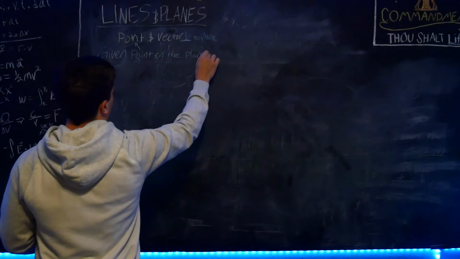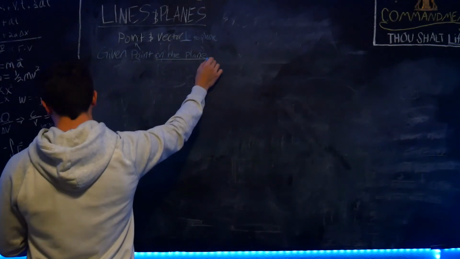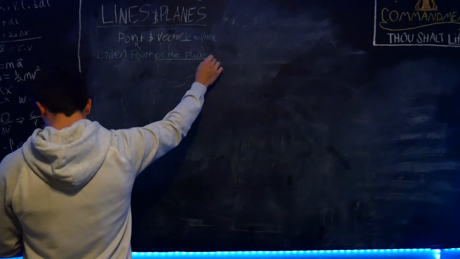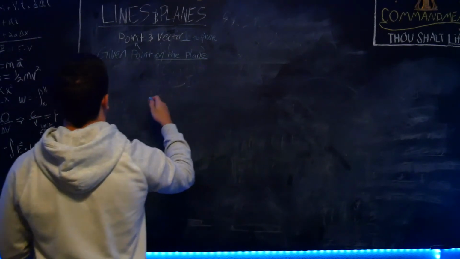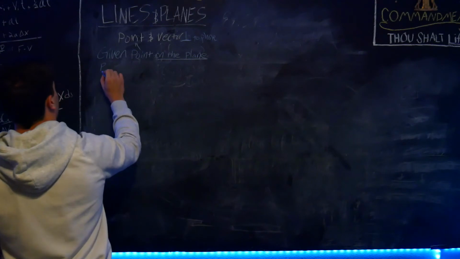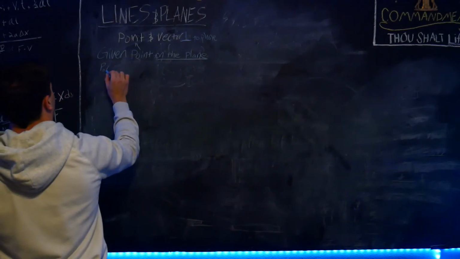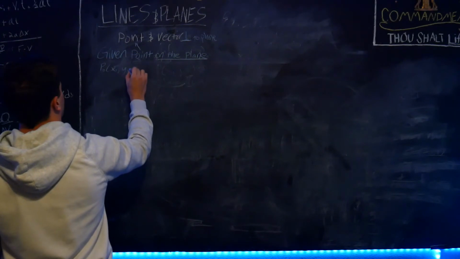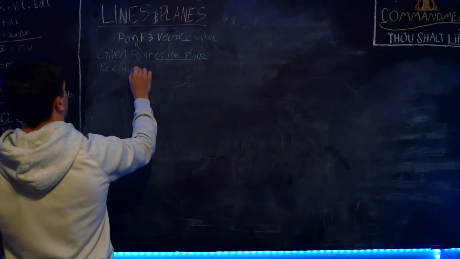Okay, that's really important. Point on the plane. Let's call this, like we did in the last one, P sub 0. Okay, and do that. Write it out. X sub 0, Y sub 0, Z sub 0.